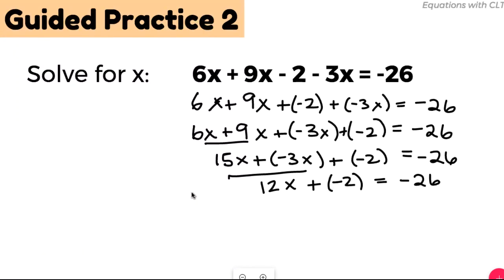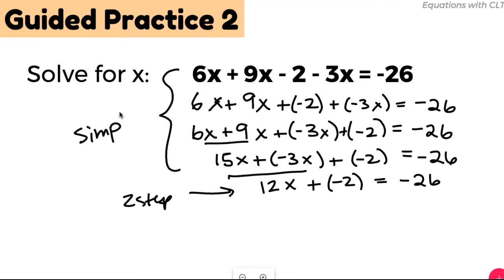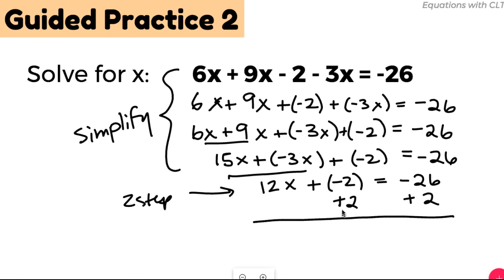Now I have a nice 2-step equation. Should be very easy. So now I have something very simple. Now, this first part was our simplify step, right? Once we simplify, then we get ourselves down to a 2-step equation, remembering our goal: solve for the variable, get that variable by itself, undo addition first, add 2 to both sides.